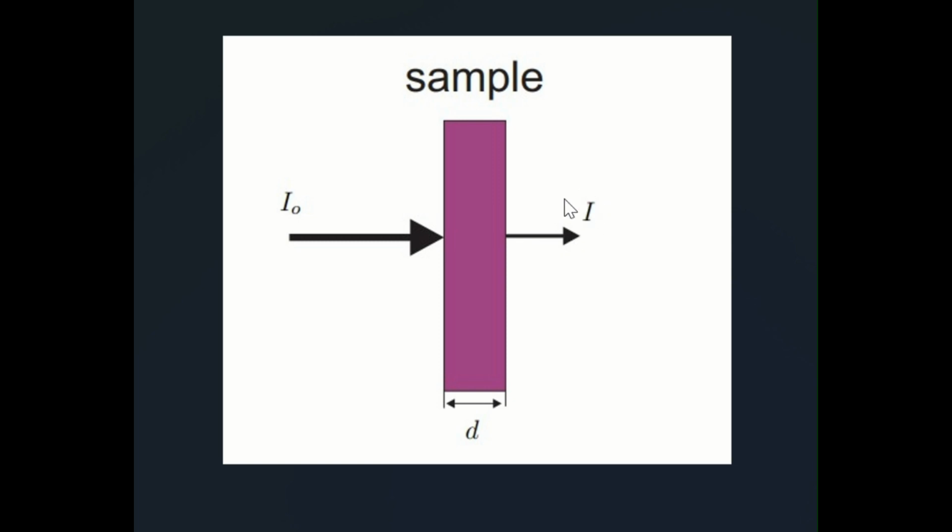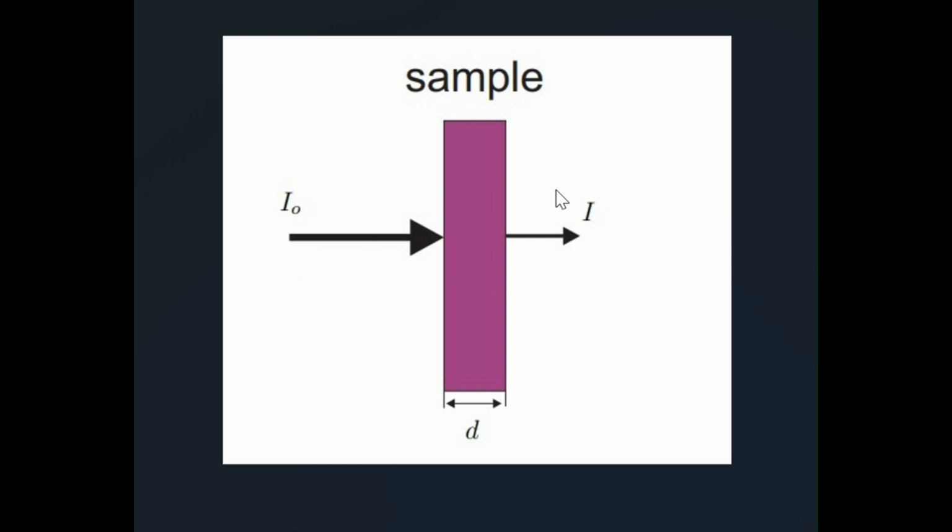In many materials, some light might be reflected and some might be lost within the material, so the intensity at the output is usually smaller compared to the intensity at the input.